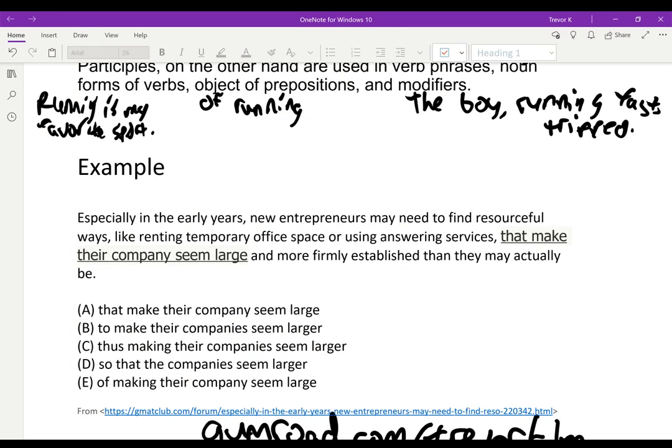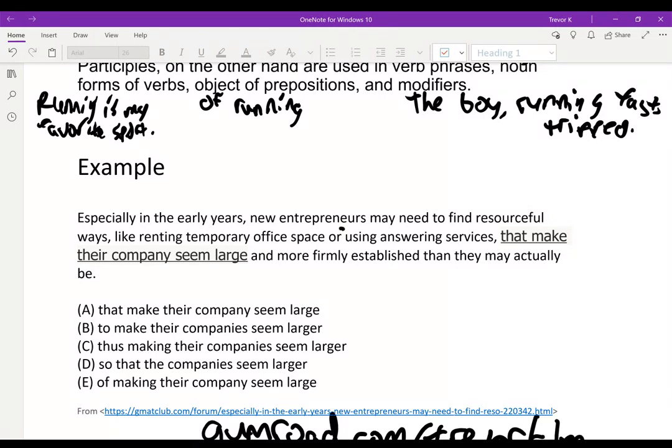So especially in the early years, new entrepreneurs may need to find resourceful ways like renting temporary office space or using ancillary services that make their company seem large and more firmly established than they may actually be. So let's go through our process here. Especially in the early years, new entrepreneurs may need to find resourceful ways. So what is it?